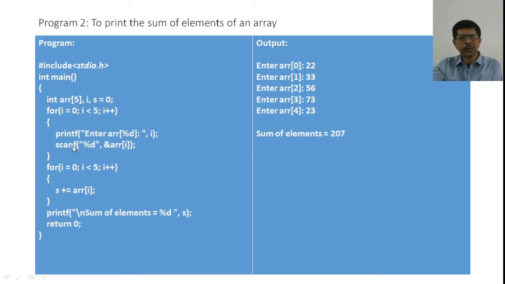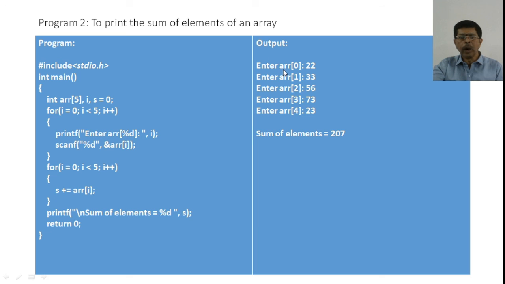Then in this loop I am going to print "enter the array" and accept the values, and in this particular for loop I am going to find the sum. So i = 0, i < 5, i++, and s = s + ARR[i]. Then finally I am going to print the sum of the elements.